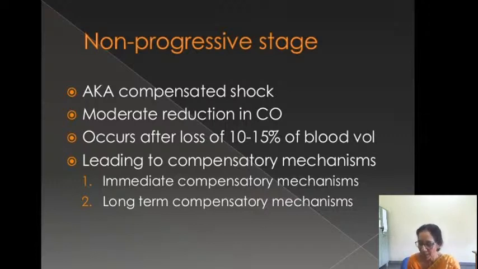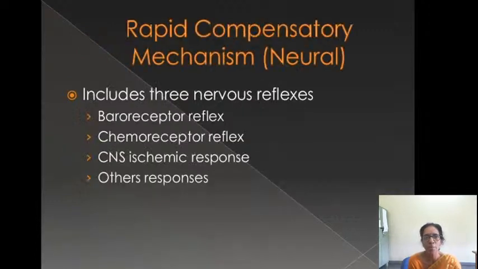Immediate compensatory mechanism. How does the blood flow have to be maintained to the vital organs? Immediate will be your baroreceptor mechanism, including 3 nervous reflexes. So the immediate compensatory mechanism is all neural. It includes 3 nervous reflexes. What are they? Baroreceptor reflex, chemoreceptor reflex, and CNS ischemic response.